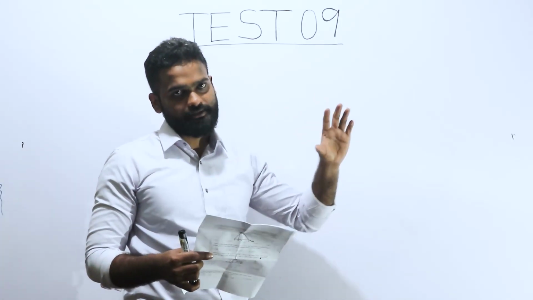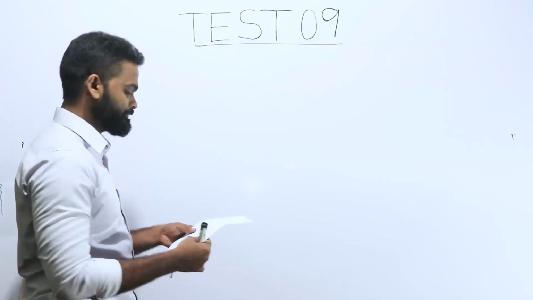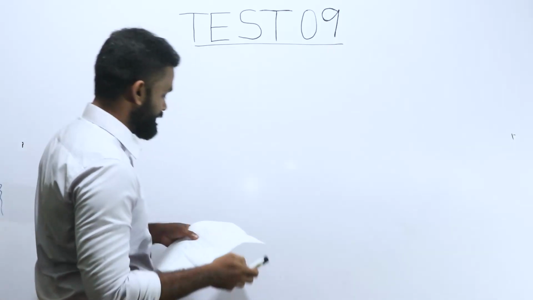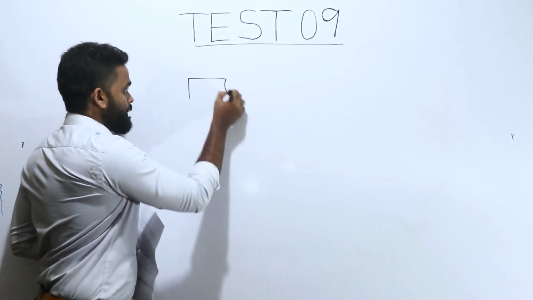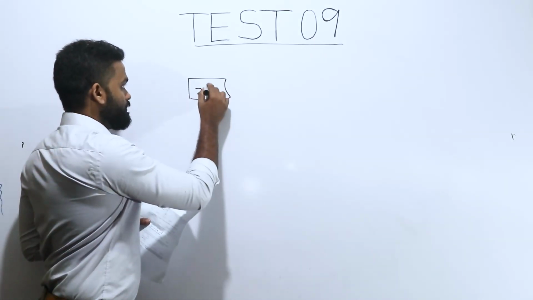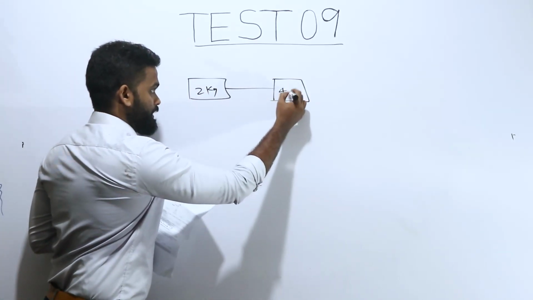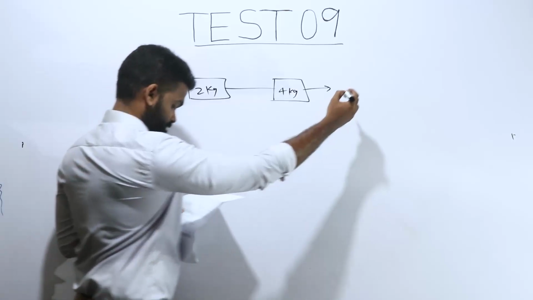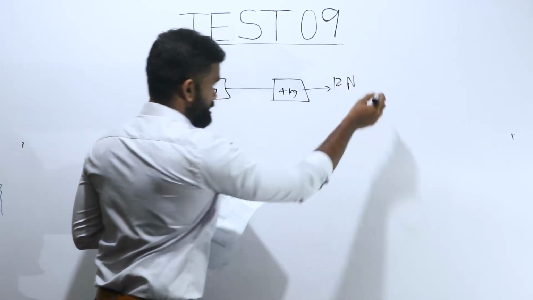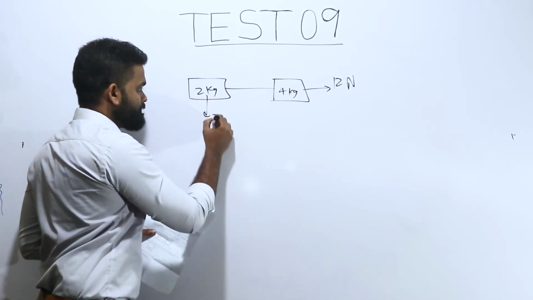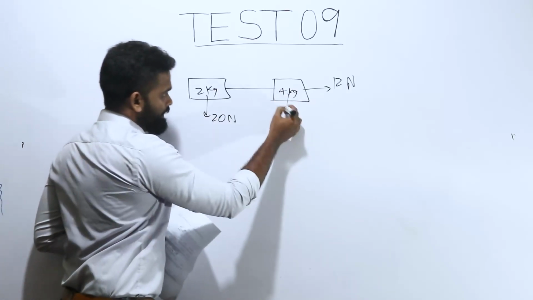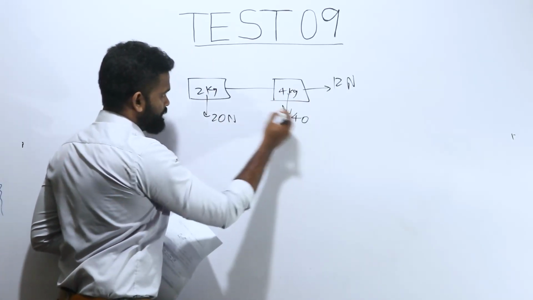It is not at rest. It is not in equilibrium because they have given kinetic friction coefficient. So one of the masses is 2 kilogram, the other mass is 4 kilogram. Then 12 Newton of force is applied. I can mark weights 20 Newton, 40 Newton.